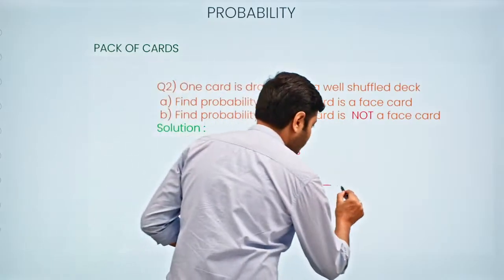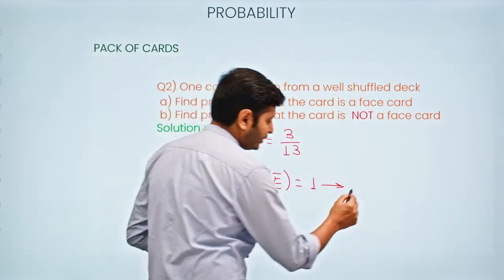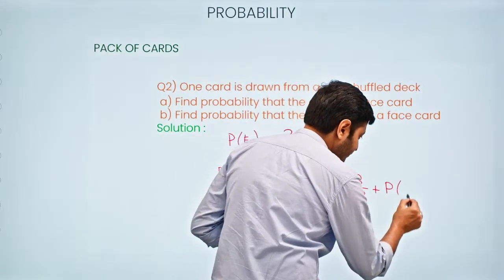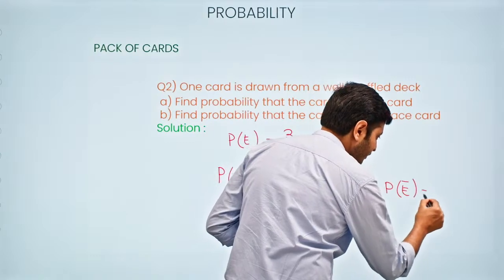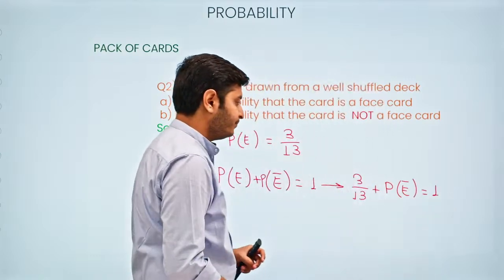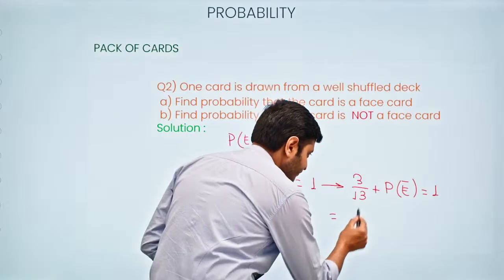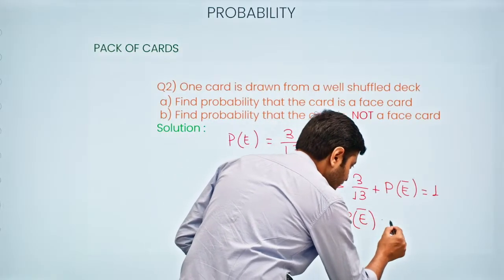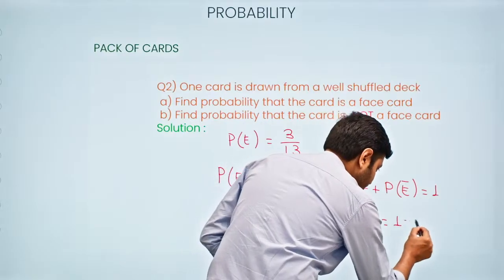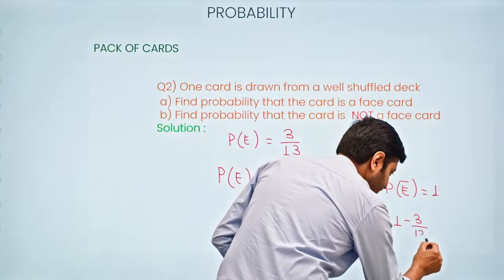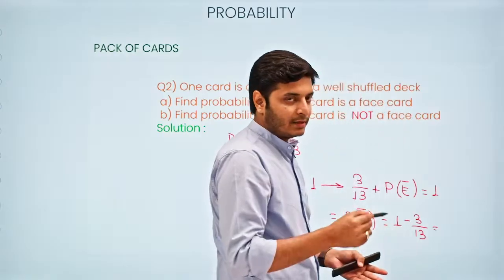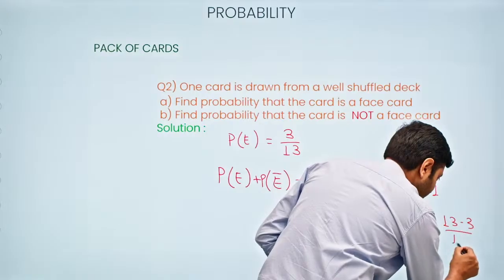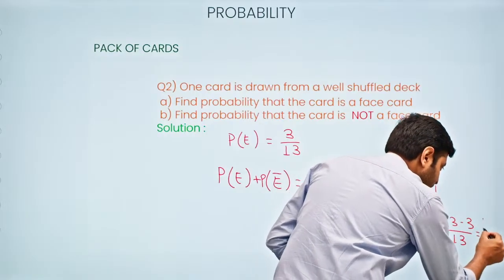Now P of E we know is 3 by 13, plus P of E bar we need to calculate, and this should be equal to 1. So after transposing this value, we find P of E bar to be 1 minus 3 by 13. This will be equal to, after taking LCM, 13 minus 3 by 13, that is basically 10 by 13.